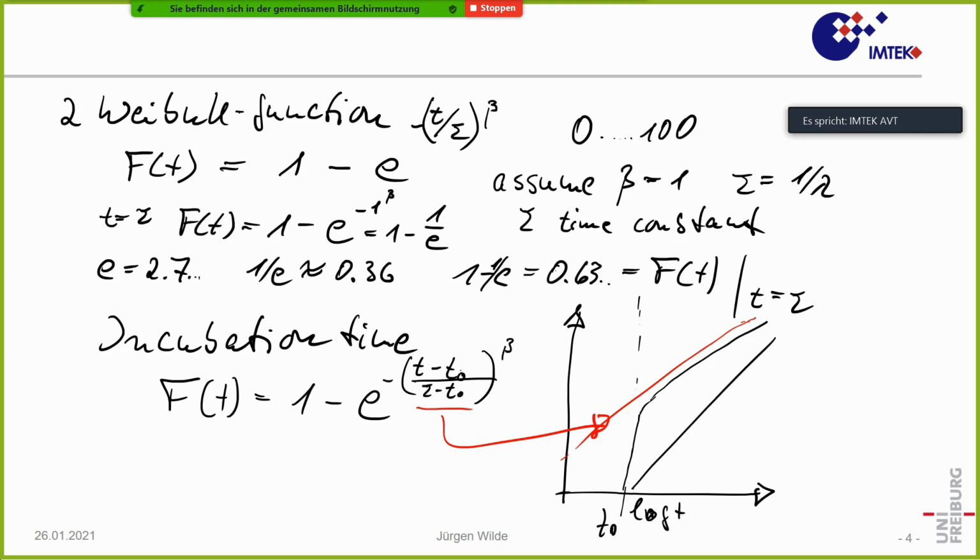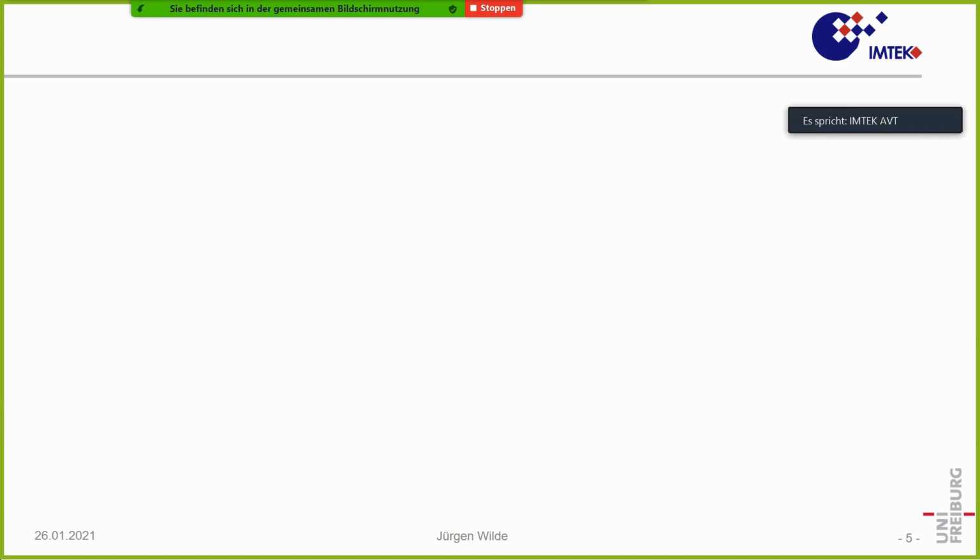So normally when you have that knee-like curve here, you would find that suddenly at shorter times the slope goes down significantly, and that t0 could be a starting value for the analysis of T0.